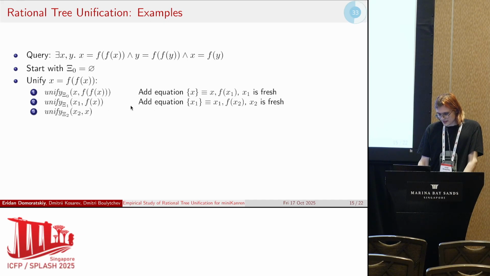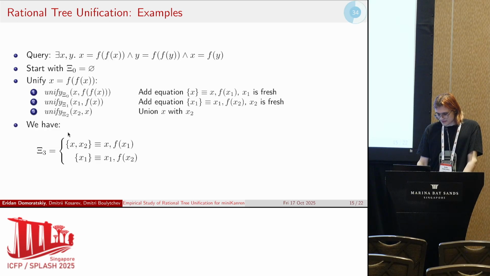Next, we unify, and finally, we need to just union a fresh variable x2 with x, and we have a system like that. So we have split this complex tree into two equations.